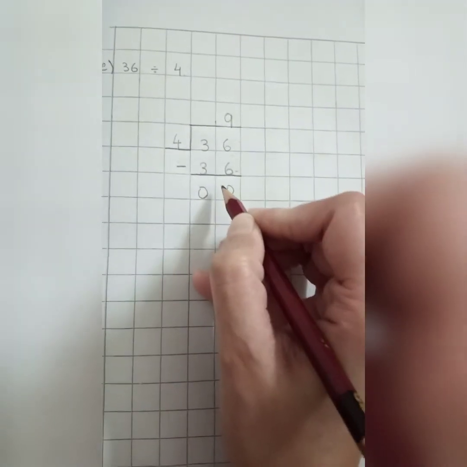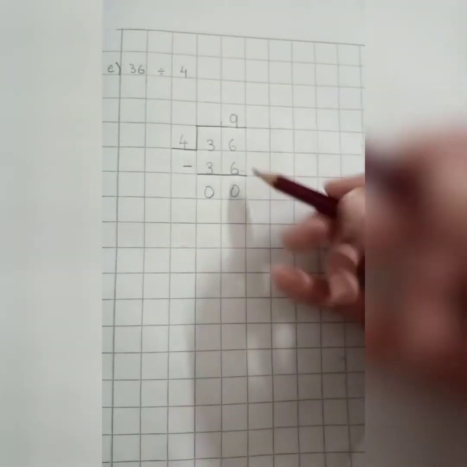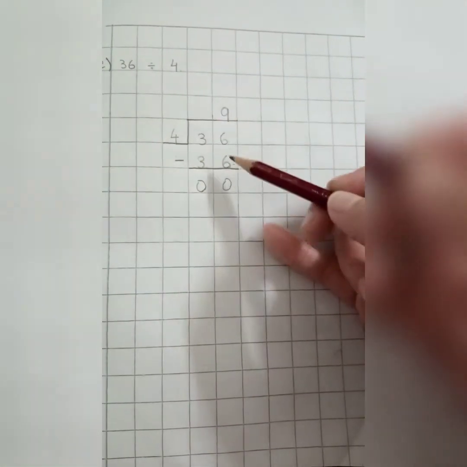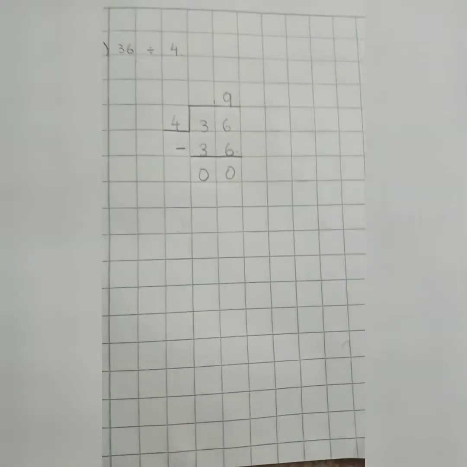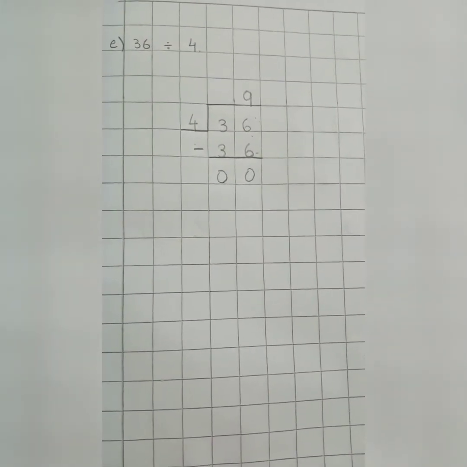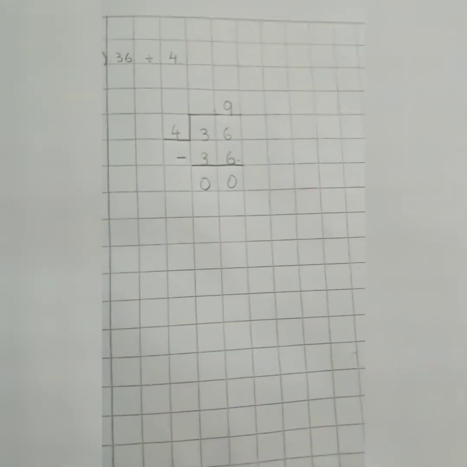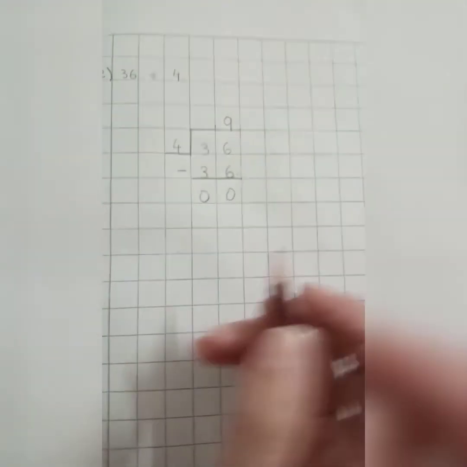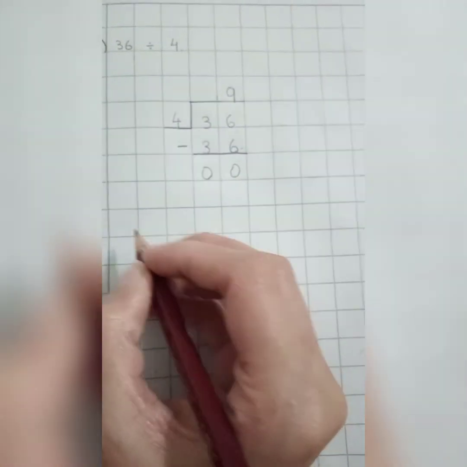If we want, we can write 1 zero only, and if we want, we can write 2 zeros as well. Because if we subtract whole 36 from this 36, the answer will be 0 only. So students, here you can see that we are not left with any number, so there is no number remaining here. Okay, now let's write the answer here. In the answer we write the quotient that is written above.